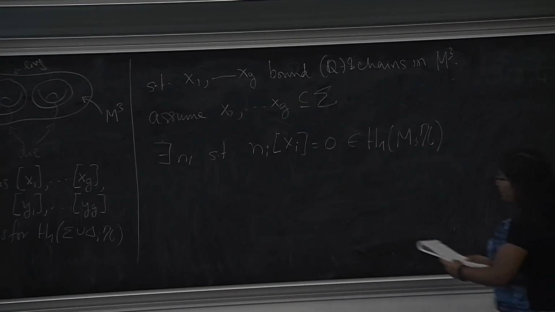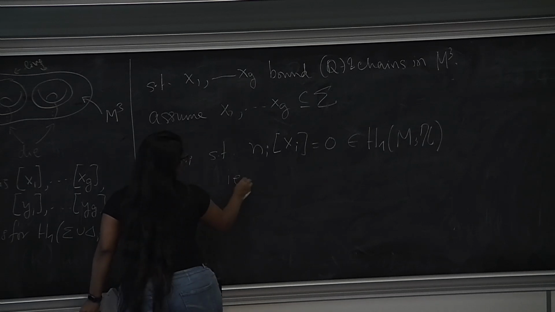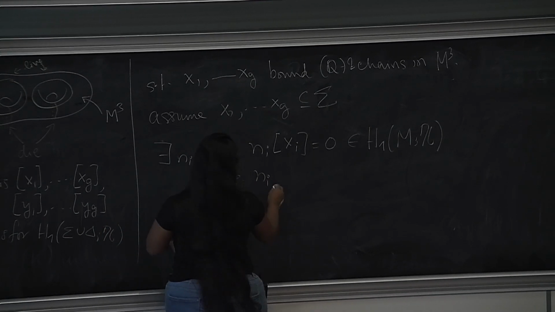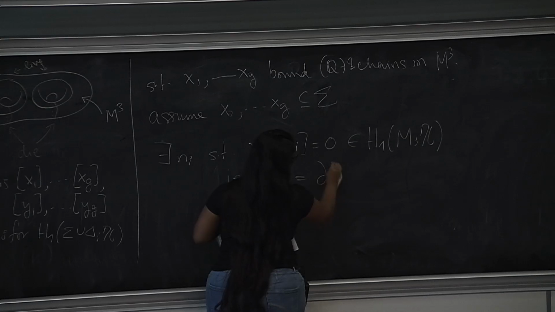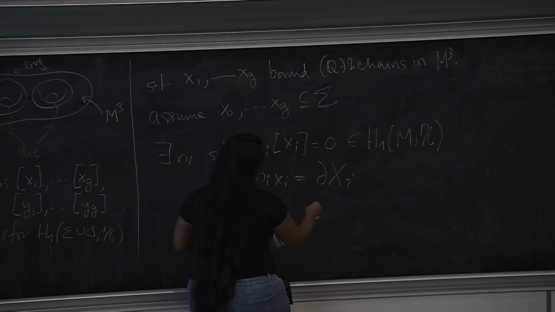In other words, what that means is that Ni xi is equal to the boundary of such a two-chain.